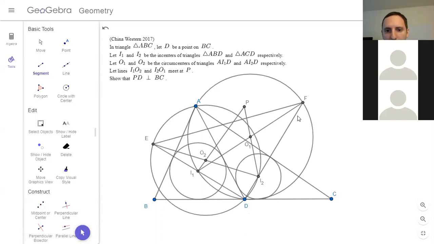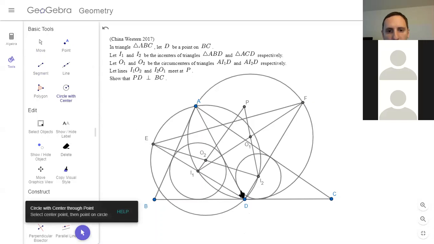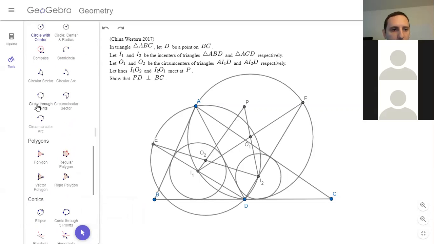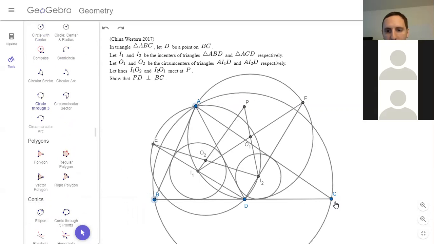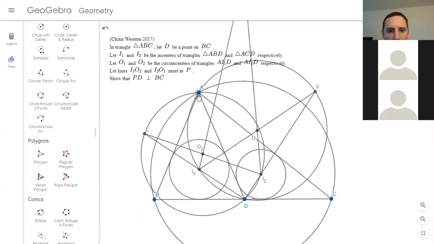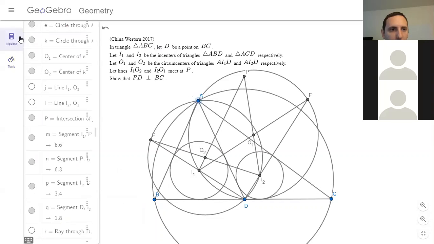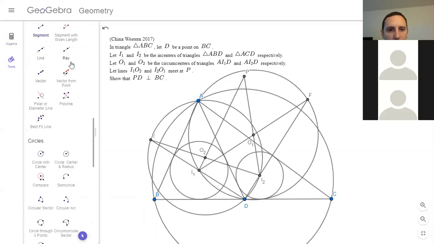Yes, EF. Circumcircle of ABC. Okay. So I'll draw the circumcircle of ABC, and E does not lie on it. And you want to see where EF meets that circle? No, actually, I asked, are they on the circle, but they're not. Do you want me to erase it? Yeah, okay, it's useless.